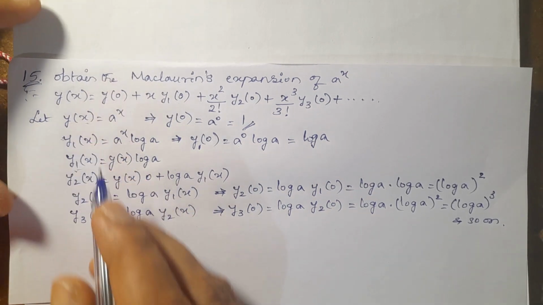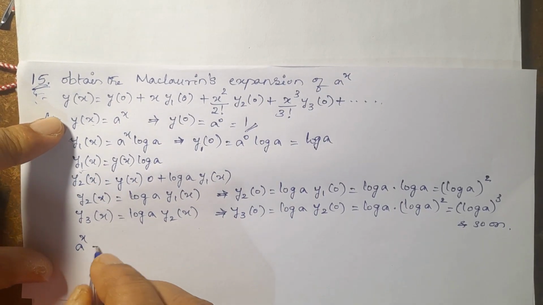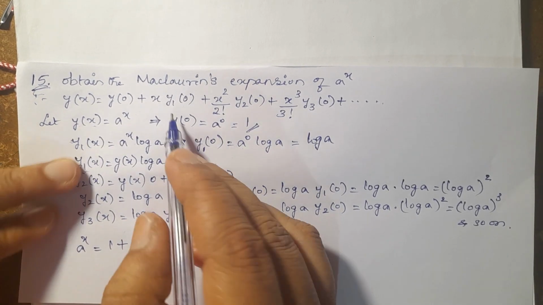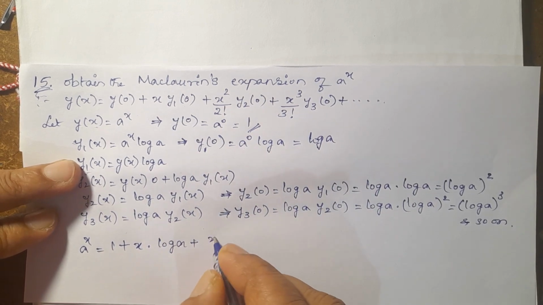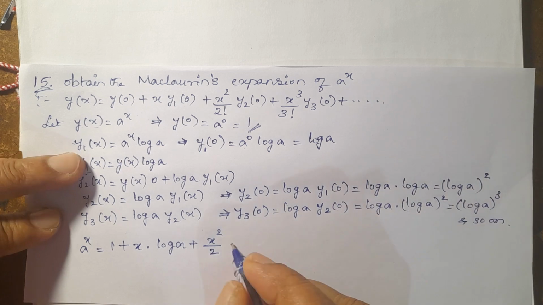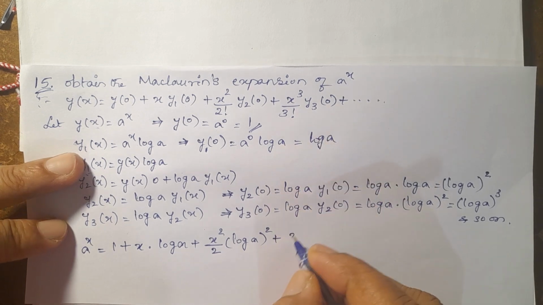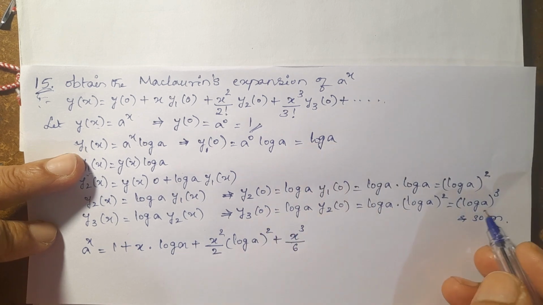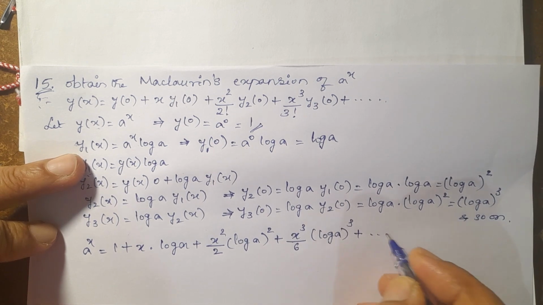Then y of x, which is a power of x, equal to y of 0, which is 1, plus x into y1 of 0, y1 of 0 is log a, plus x square divided by 2 factorial, which is 2, y2 of 0, y2 of 0 is log a whole square, plus x cube divided by 3 factorial, 3 factorial is 6, y3 of 0, y3 of 0 is log a whole cube, plus etc.